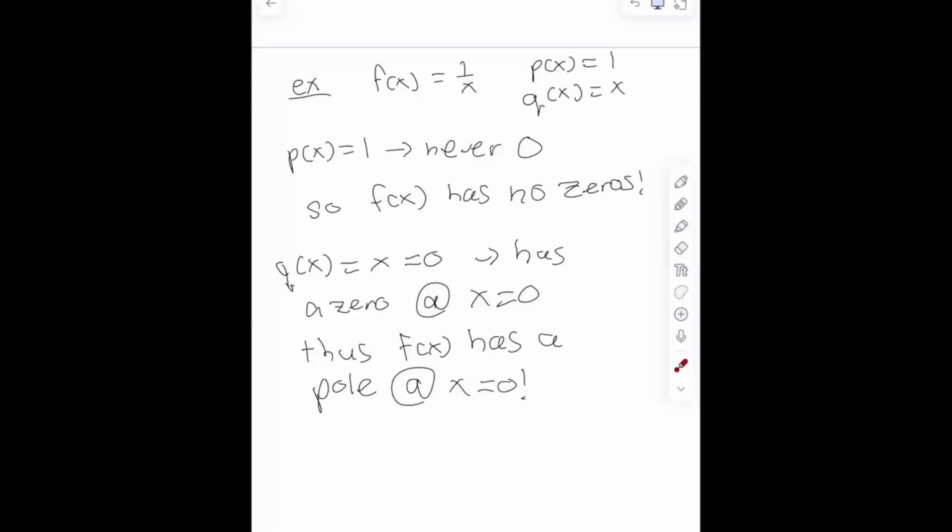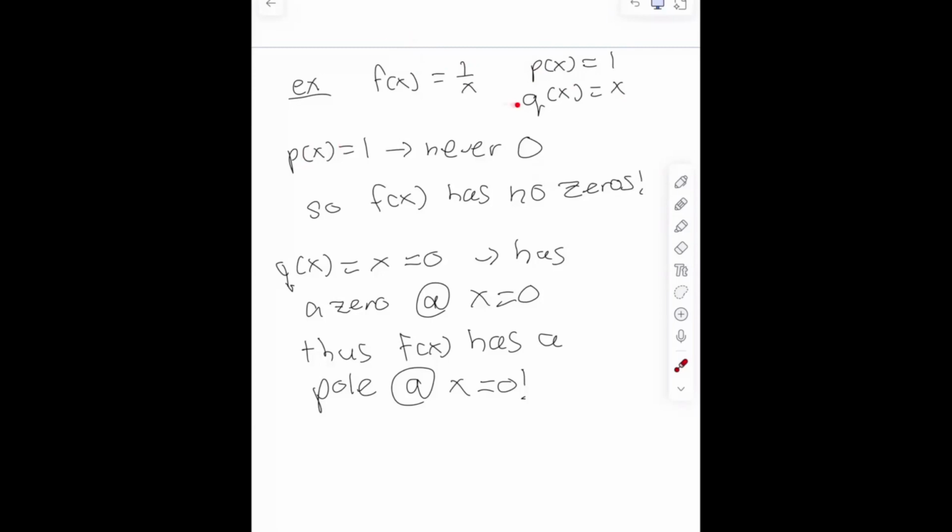Okay, so let's identify the zeros and poles of this function f of x equals 1 over x. We know that the top function is 1 and the bottom function is x. If we wanted to find the zeros, we would set the top equal to 0. And we see that the top is 1. It's a constant. It's never equal to 0.